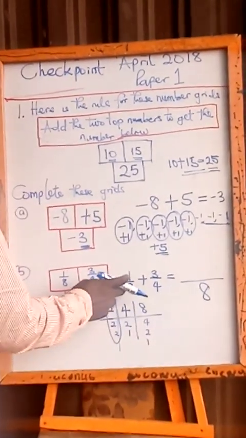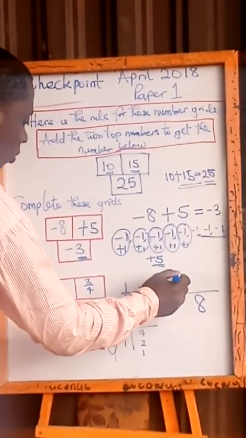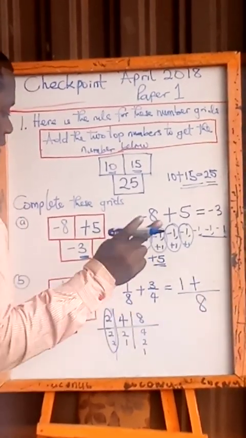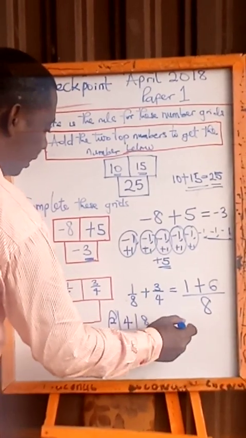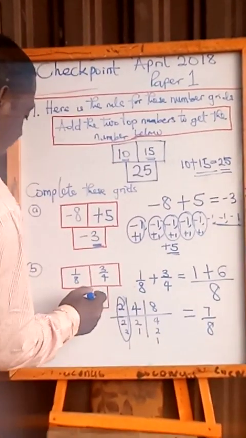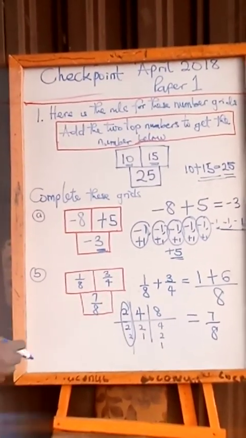That is 8. 8 in 8, 1. 1 times 1, 1. Plus 4 in 8, 2. 2 times 3, 6. And the answer is what? 7 all over 8. And that is how we get 7 over 8 here.